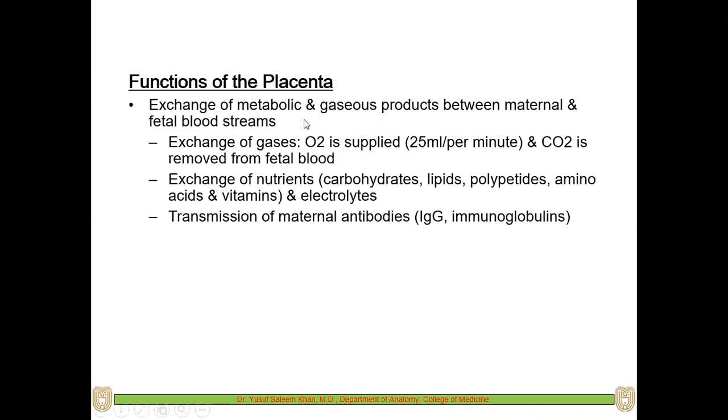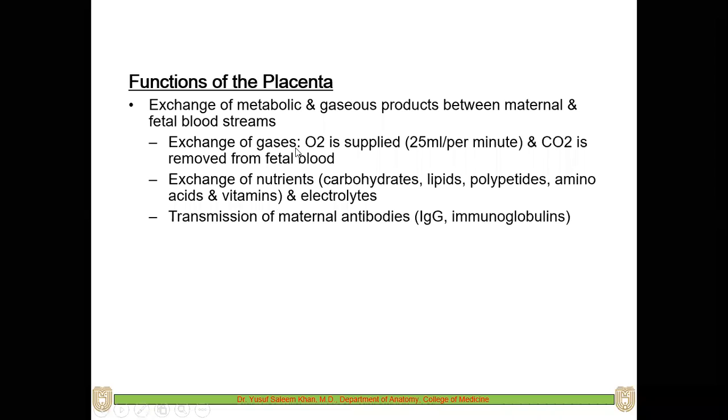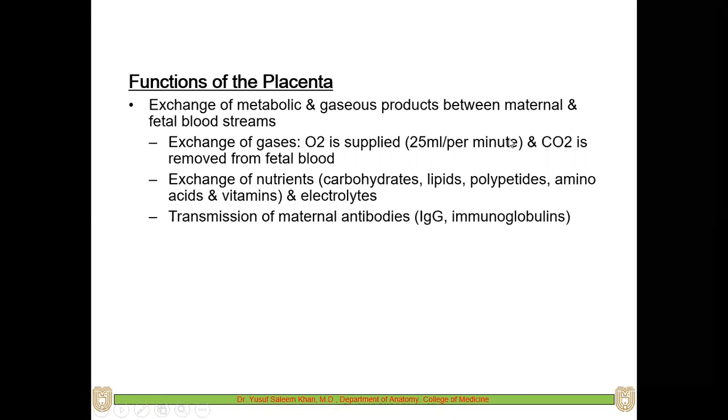One is exchange of gases, like the oxygen is supplied, almost 25 ml per minute, and the carbon dioxide is removed from the fetal blood, because the lungs are still not functioning in the fetus and it cannot respire.